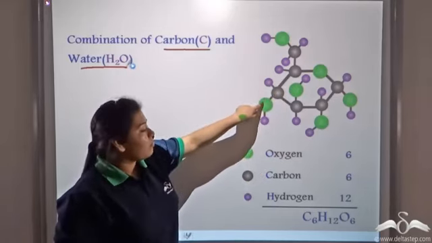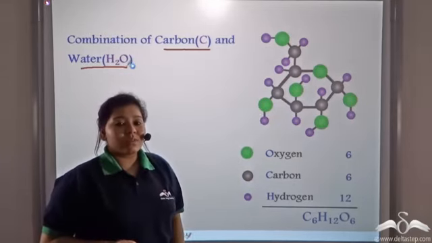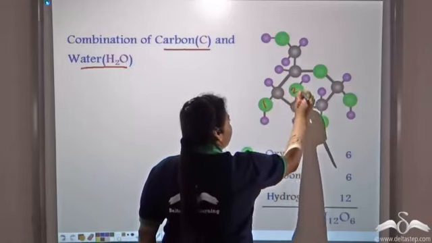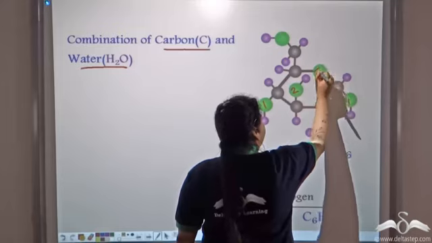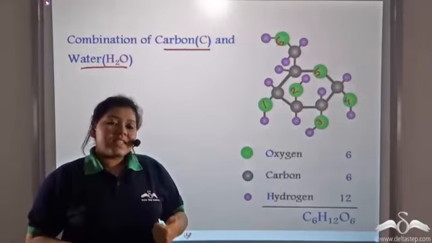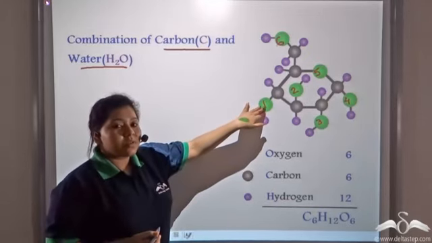Now count the number of oxygen atoms present in a glucose molecule. See, there are 1, 2, 3, 4, 5, 6. So there are 6 atoms of oxygen in a glucose molecule.